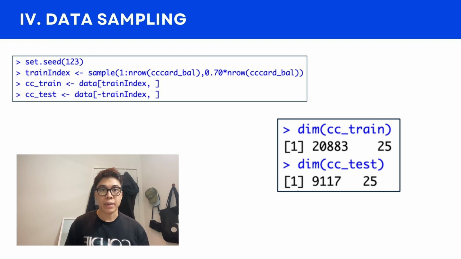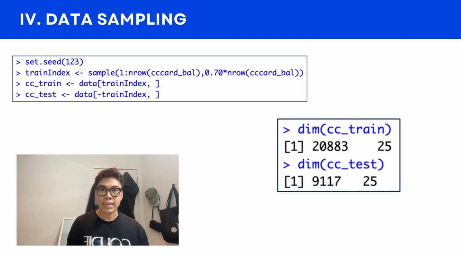Data sampling plays a very important role in machine learning, as it ensures a comprehensive and accurate representation of the data, ultimately improving the performance of machine learning models. After getting the final dataset from data preparation, we created two types of datasets: a training dataset and a testing dataset.